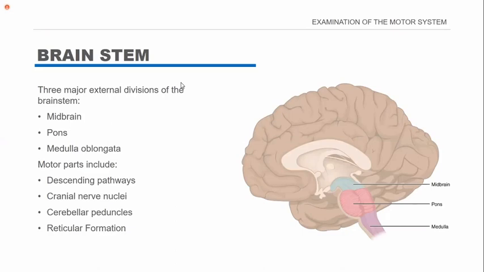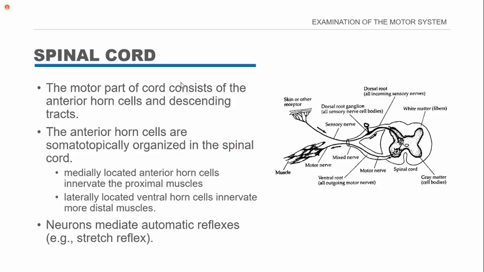As you all know. And then in the spinal cord, we have anterior horn cells, which are topographically arranged: medially located anterior horn cells innervate proximal muscles, and laterally located anterior horn cells control distal muscles.